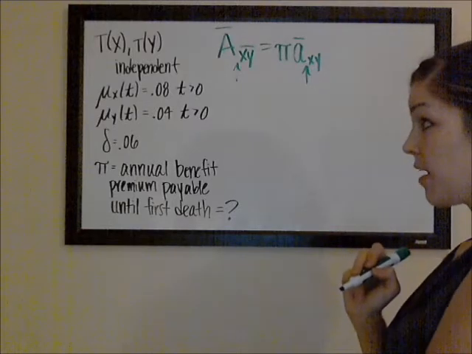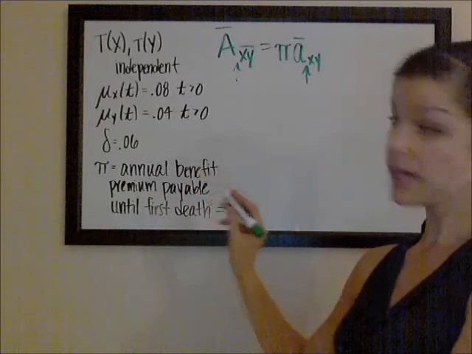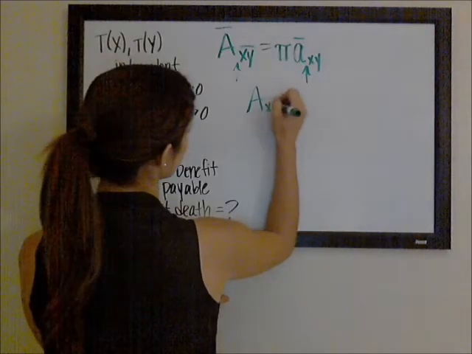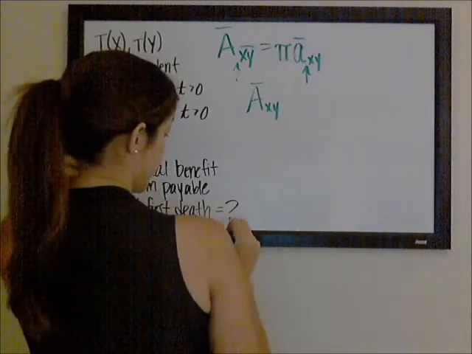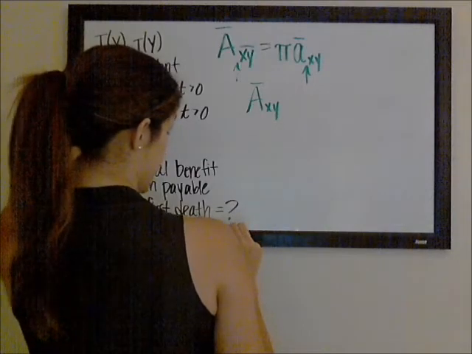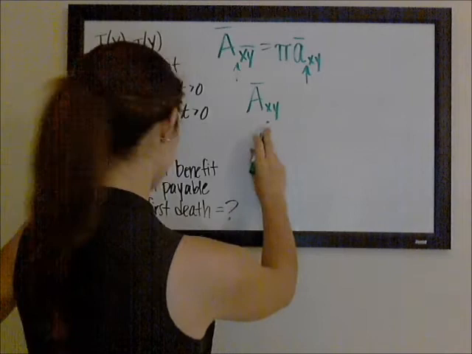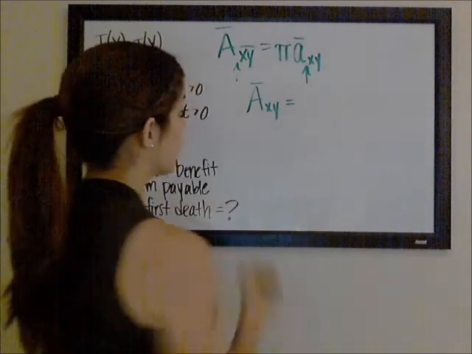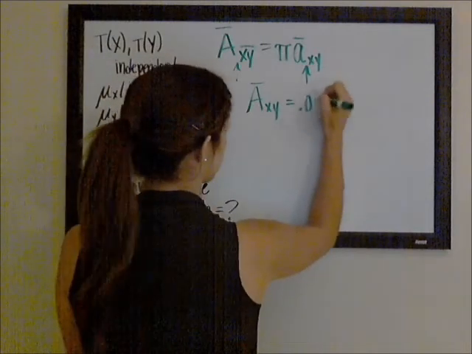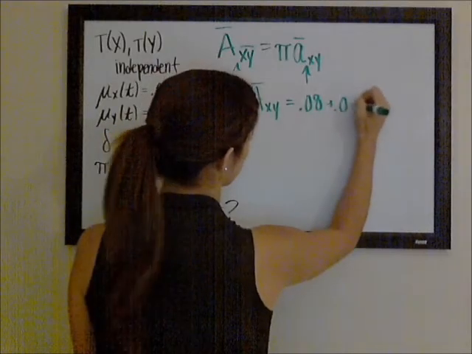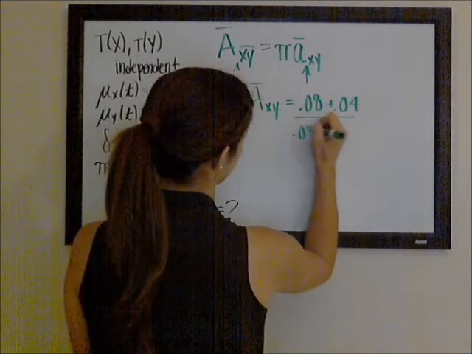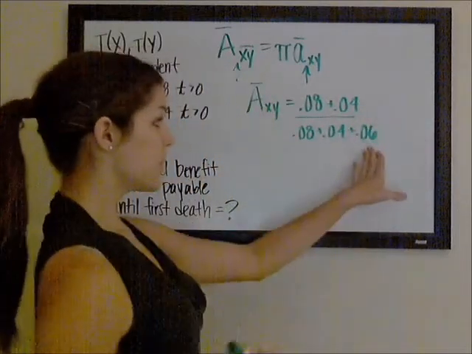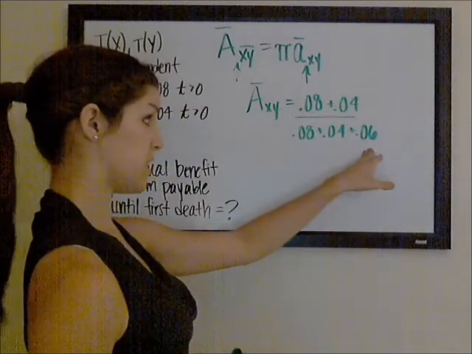So we know, because we have constant forces of mortality, that the actuarial present value of the insurance on the joint status payable at the moment of death will be the sum of our forces of mortality over the sum of our forces of mortality plus our interest rate here, which is going to be the force of interest because it's continuous.